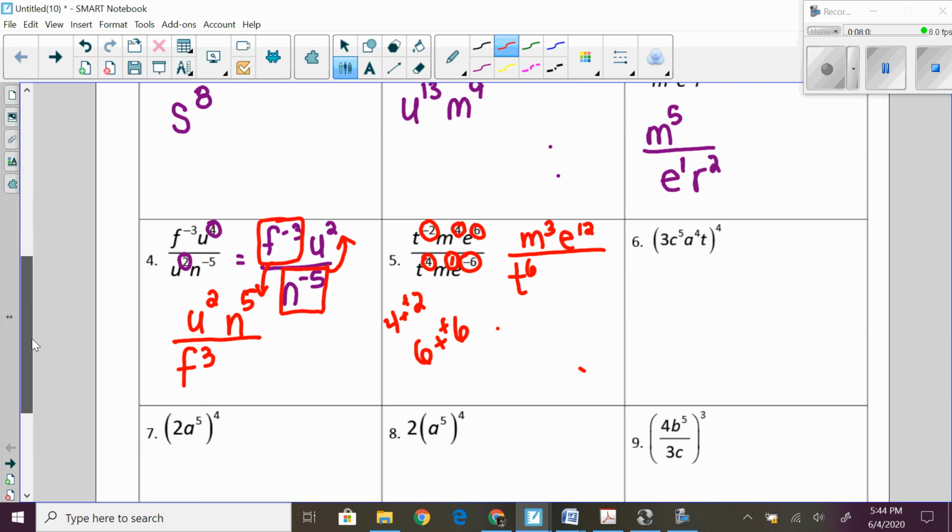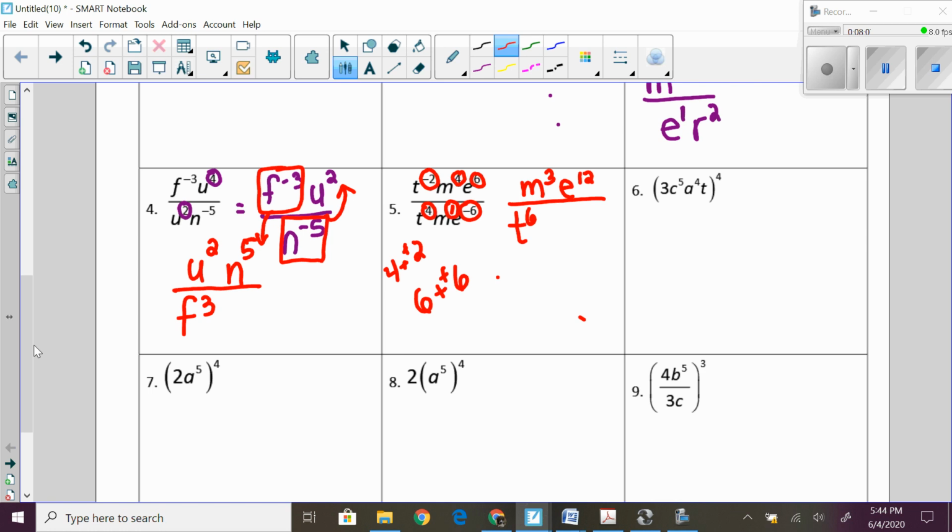What we have to say is we have to take this 4 and make sure every value inside the parentheses, every part of that monomial, is going to be raised to the 4th. So we have 3 to the 4th, c to the 5th to the 4th, a to the 4th to the 4th, and t to the 1st to the 4th.